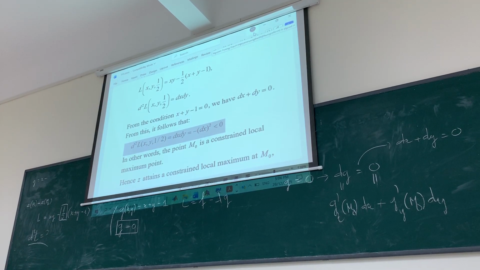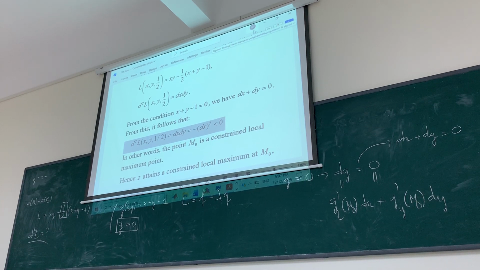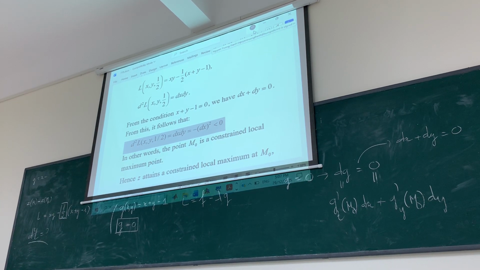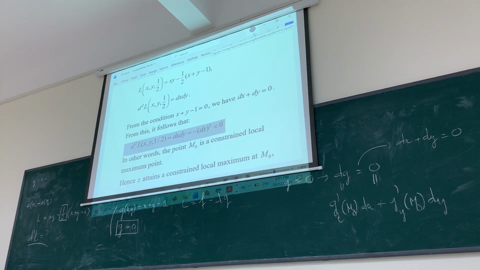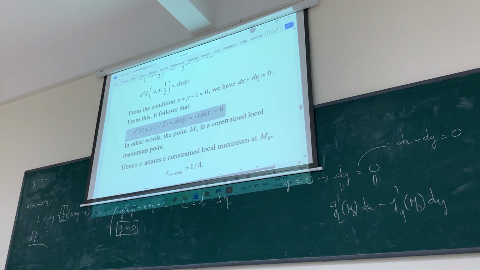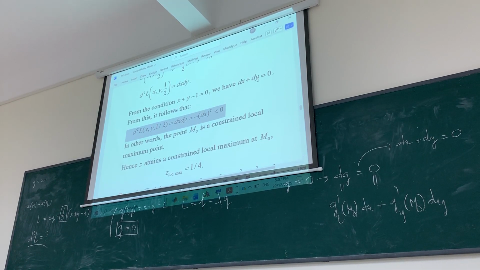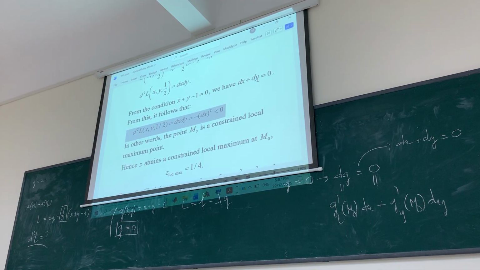In other words, the point M0 is a local maximum point. Of course, we can estimate the local maximum: z local maximum is equal to 1/4.